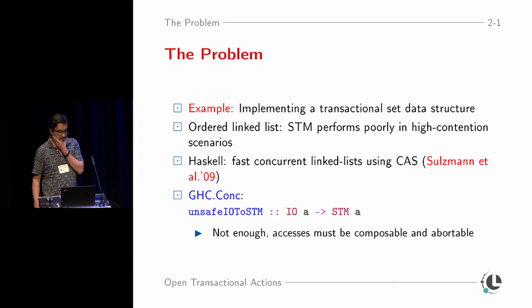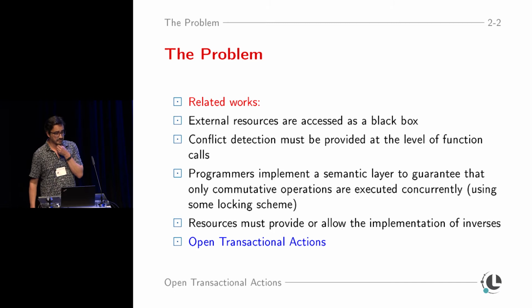Looking at the related work, there's been some work on accessing resources from inside of transactions in transactional memory. In these works, external resources are accessed as a black box, and because of that, conflict detection must be provided at the level of function calls.